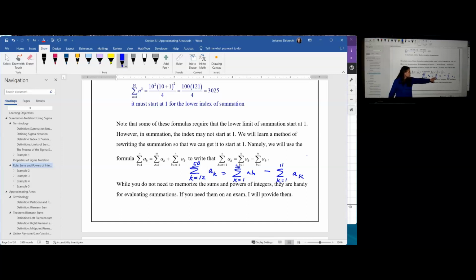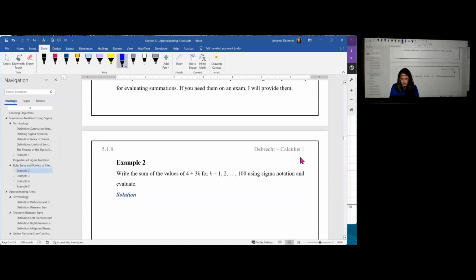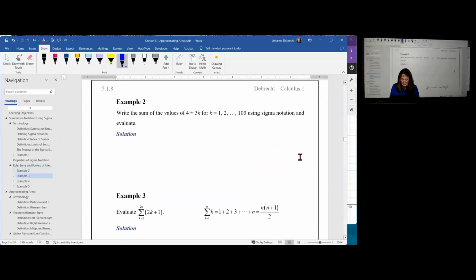Now that these two are written starting at 1, I can use the formulas for k, k squared, and k cubed. I don't require my students to memorize these formulas, although they are very handy. If you need them on one of my exams, I'll provide them.